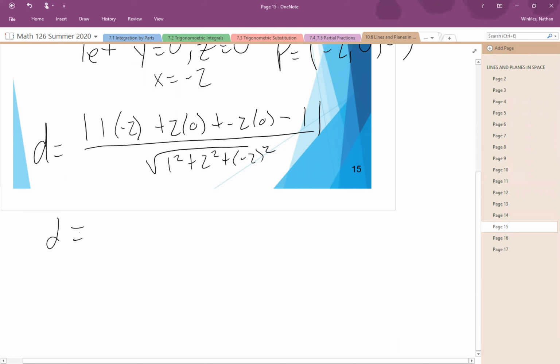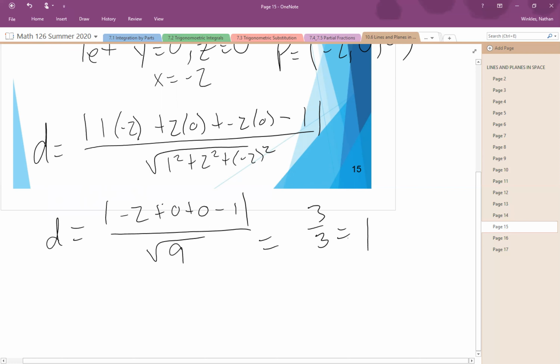So that gives us d equals the absolute value of -2 plus 0 minus 1 all over the square root of 9. So we get 3 over 3, which is equal to 1. Therefore, the distance between the parallel planes x + 2y - 2z = -2 and x + 2y - 2z = 1 is 1.